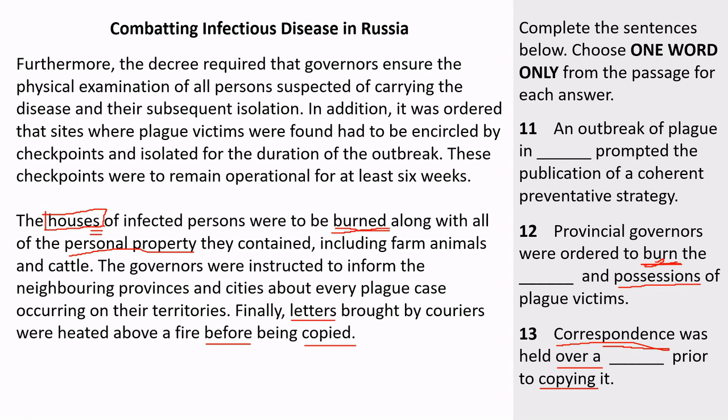But what were the letters held over? Because that is what we're looking for our answer. If we see the phrase above a fire, that word fire is our answer because over a fire means the same thing as above a fire. So you didn't have the exact same words there, but you had something that means the same thing. And hopefully we were able to find our answer. Again, the answer for that one is fire.